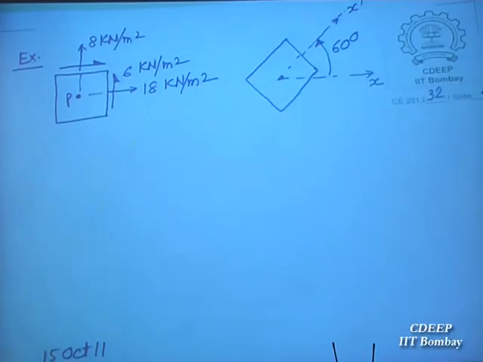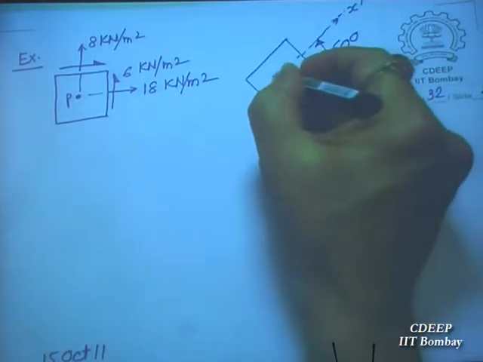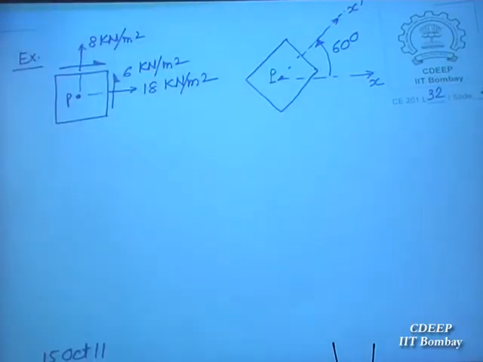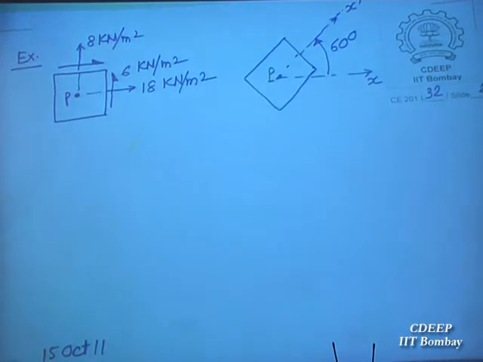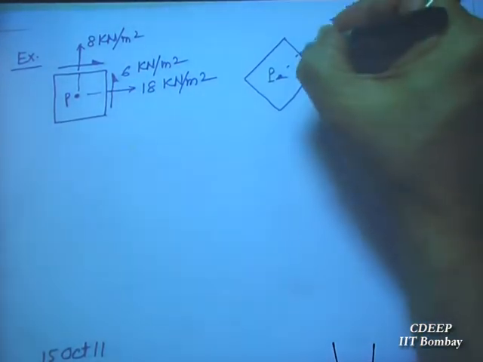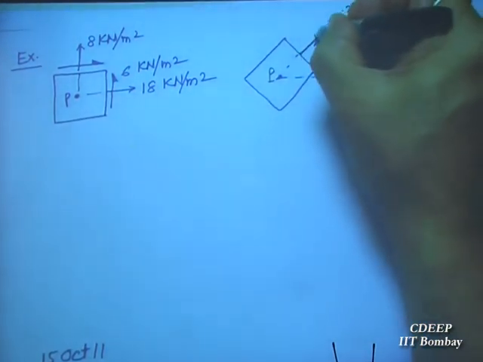So please find out the values of stresses when this element is rotated anti-clockwise by 60 degrees, with point P remaining the same. Find out the stresses on its planes. Now just substitute in the formula.